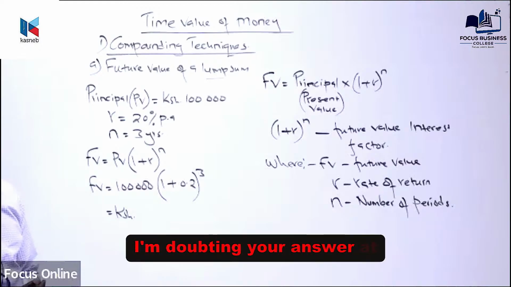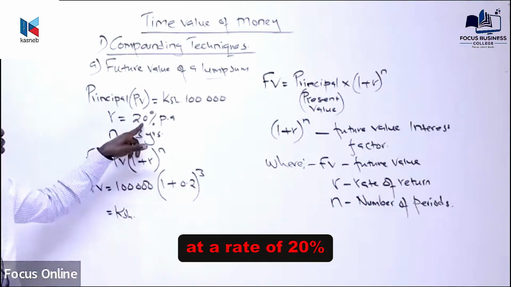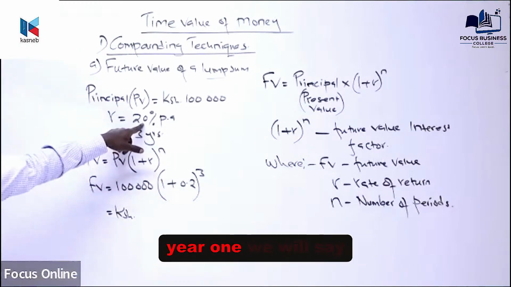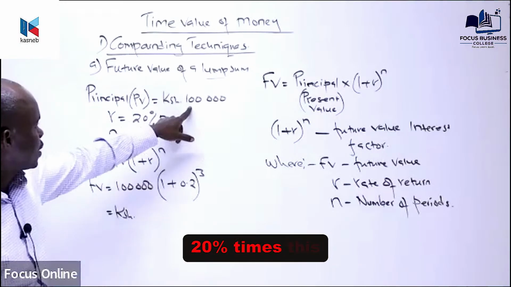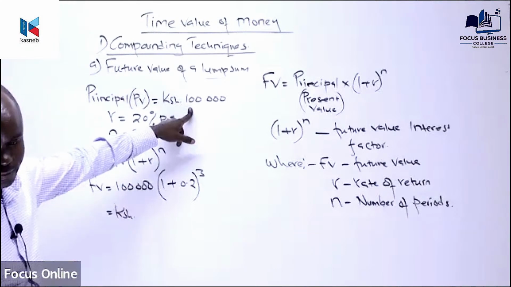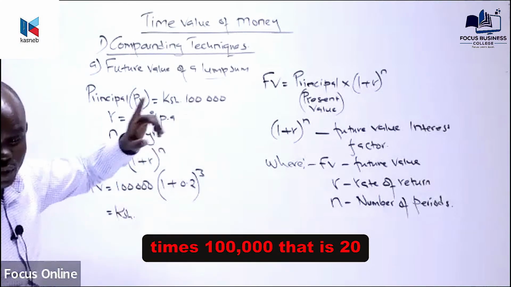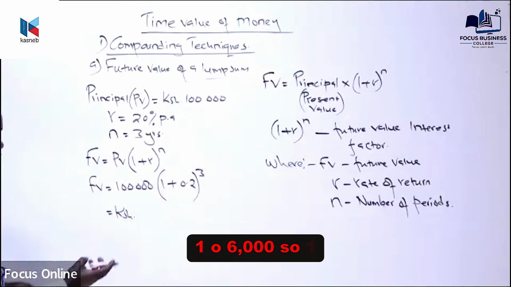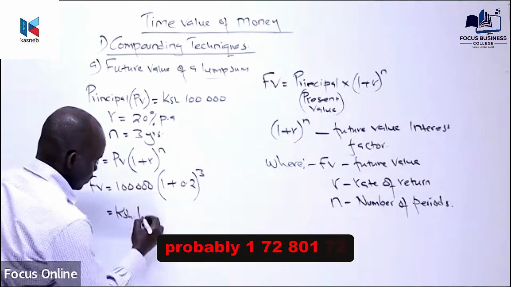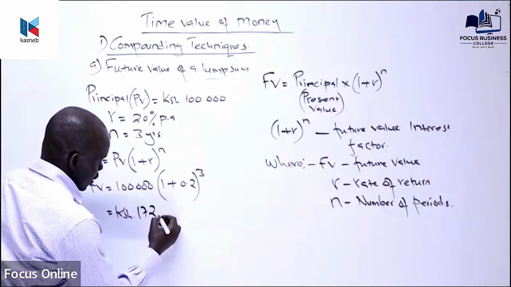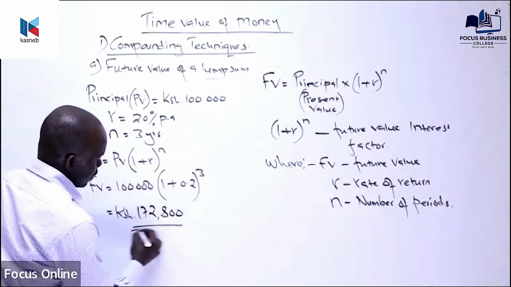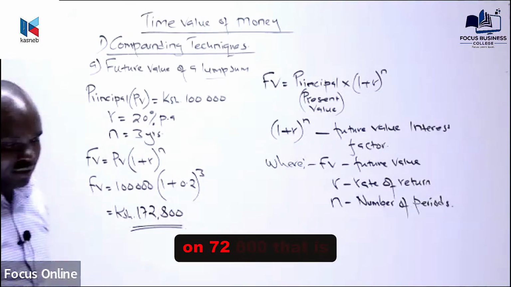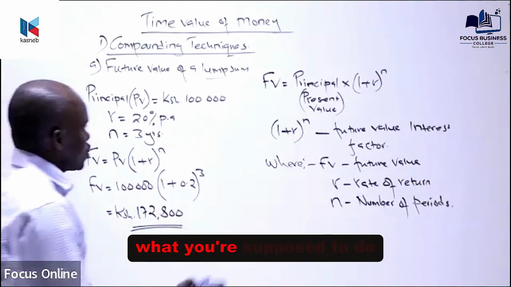I'm doubting your answer. At a rate of 20%, even in the first year we are going to earn 20,000, because 20% times 100,000 is 20,000. That means it's more than 106,000. So it is 172,800. Repeat your calculation. Okay, yes, 172,800. That is what you're supposed to do.